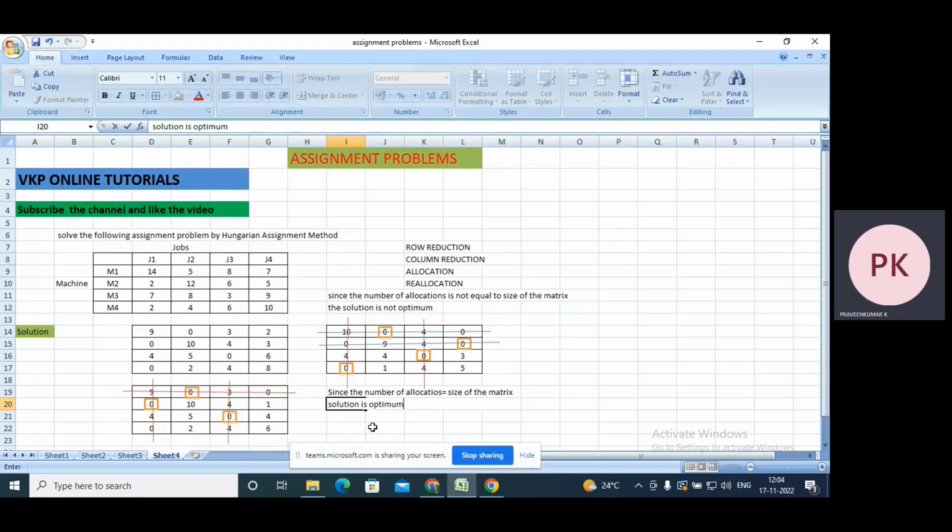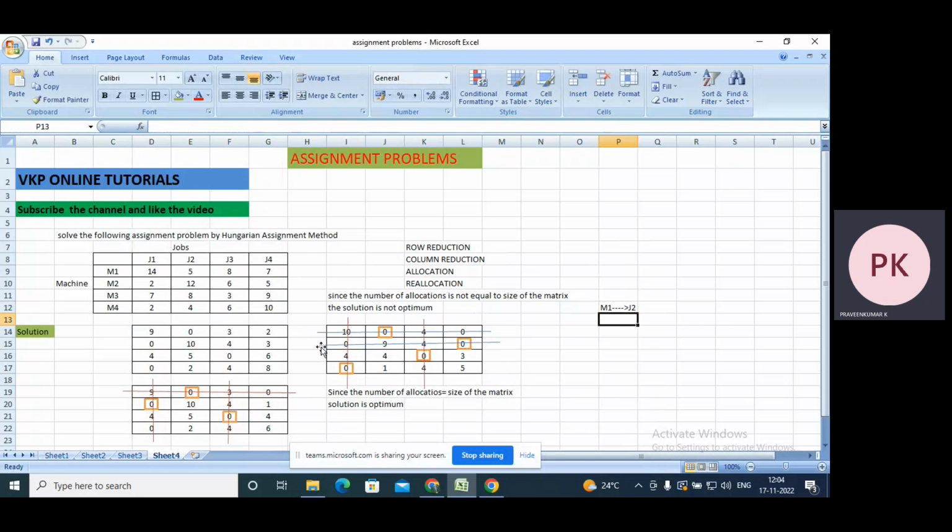Now find out what is the optimum solution and what is the optimum assignment. The optimum assignment is M1 to J2.